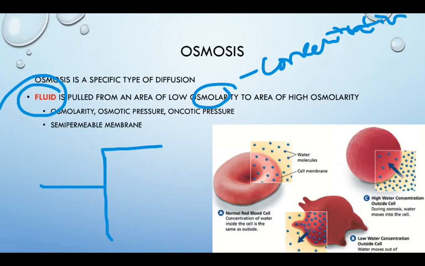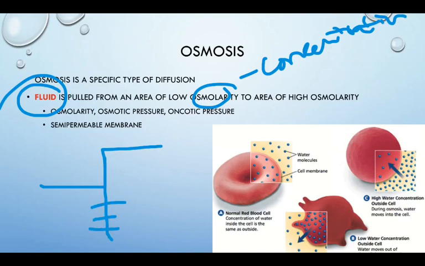So you're going to move fluid from an area where there is low osmolarity, which means low concentration, a lot of water and low solutes, to an area of high osmolarity to try to make it the same concentration, because we're moving fluid. We're not moving solutes, we're moving fluid. And that has to happen through a semi-permeable membrane.